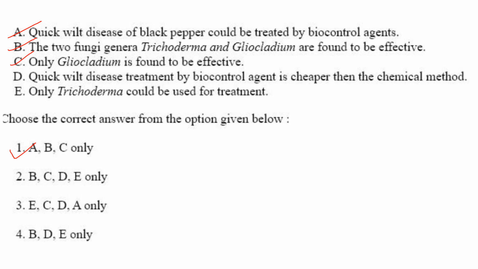No. Quick wilt disease treatment by biocontrol agent is cheaper than the chemical method. Yes. Only Trichoderma could be used for treatment? No. So A, B, C only are the correct answers. Answer is option 1.